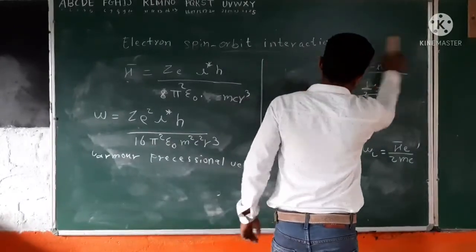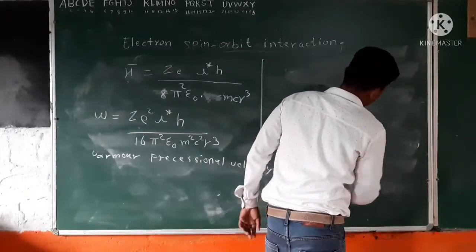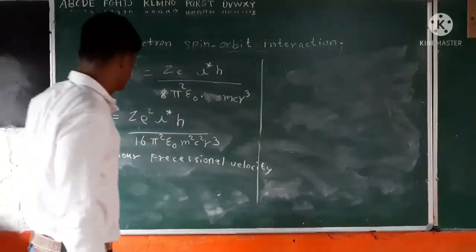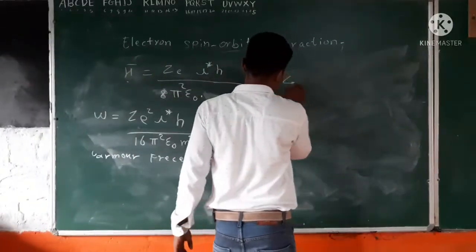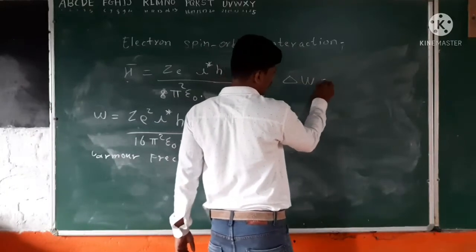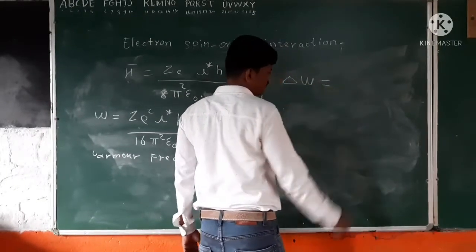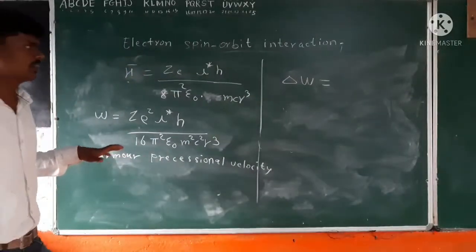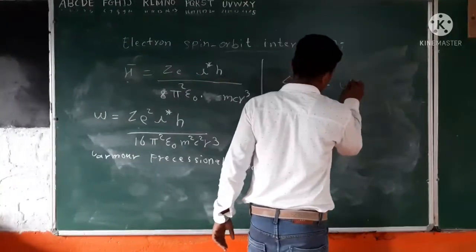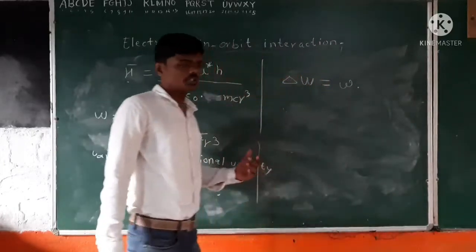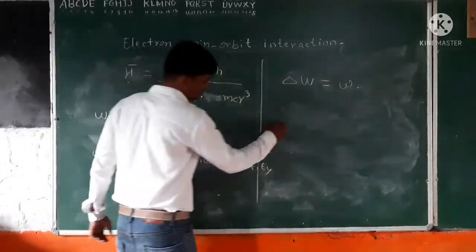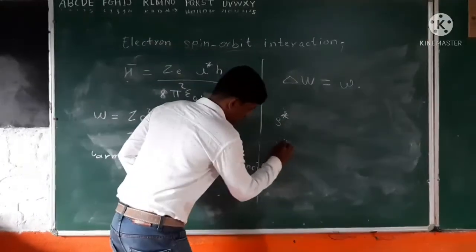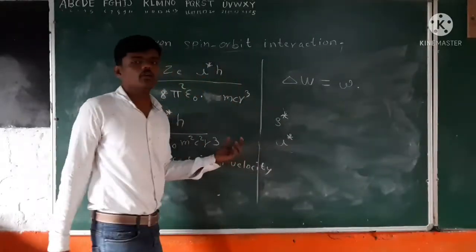the interaction energy is the product of the Larmor precessional angular velocity. The interaction energy del W is nothing but the product of the Larmor precessional angular velocity omega and the projection of the spin angular momentum S star on L star, that means the orbital angular momentum.